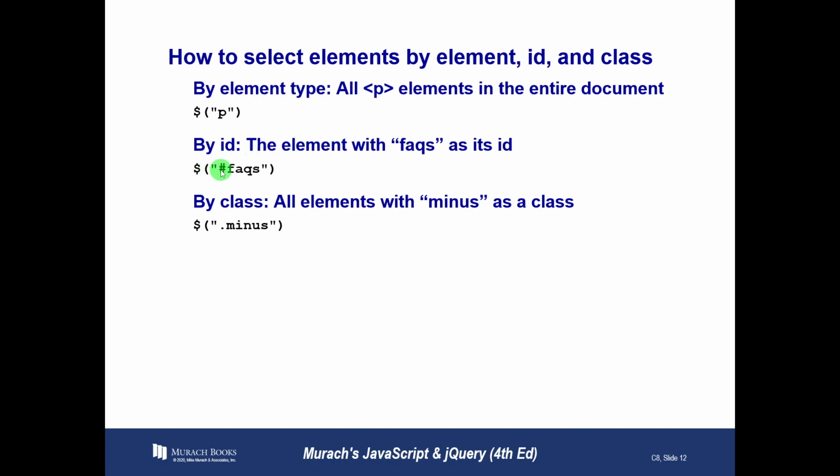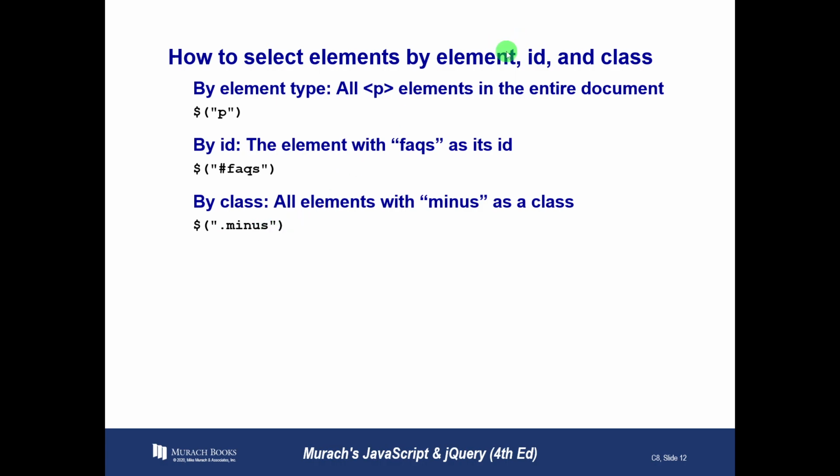This would let us select any element with FAQs as its ID. That's really not unusual. We've kind of seen that before. We've kind of been using pieces of this, right? And we can select things by their class. If we want to find all the elements with minus as their class, we can go through dollar function and look for dot minus, and it will show us all the elements that have a class of minus applied to them.